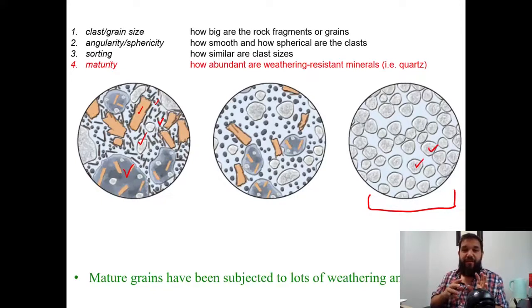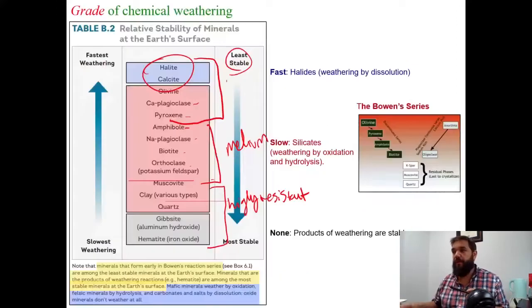All the less resistant minerals have been broken down and weathered away. They're gone. And all that's left is the really hard stuff. Okay? That's chemical maturity. So chemically mature clastic rocks means they've been subjected to lots of weathering and transport. Okay? So that's what that all means.